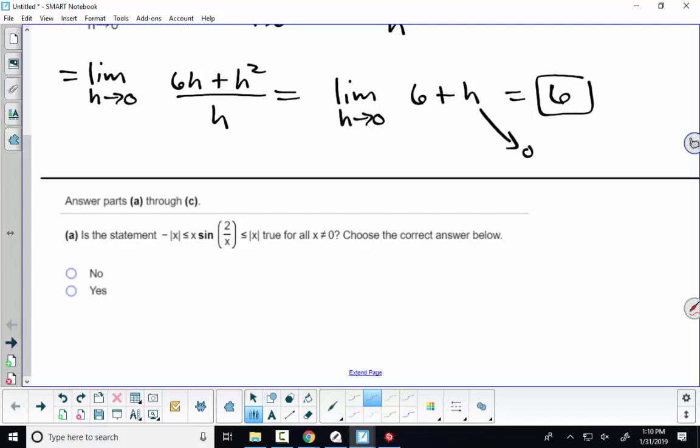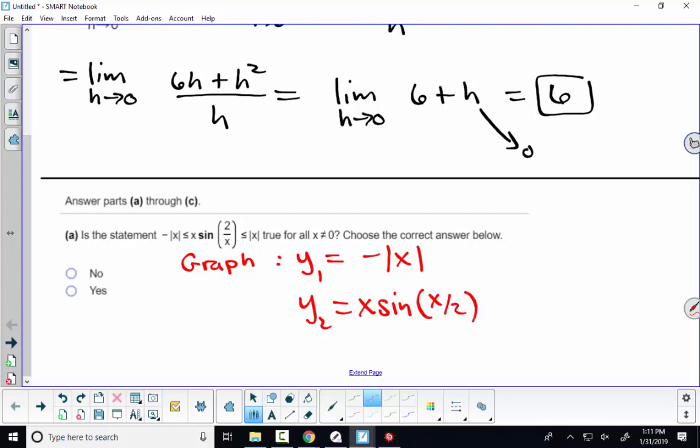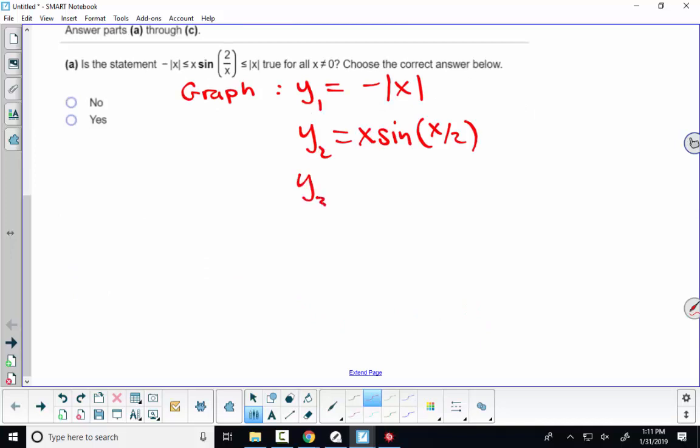So again, to verify this is true, we're just going to graph this. We're going to graph the negative absolute value of x as one function, x sine of 2 over x as another function, and graph the third function as the absolute value of x. So we're just going to look at the graph to verify, is that true?